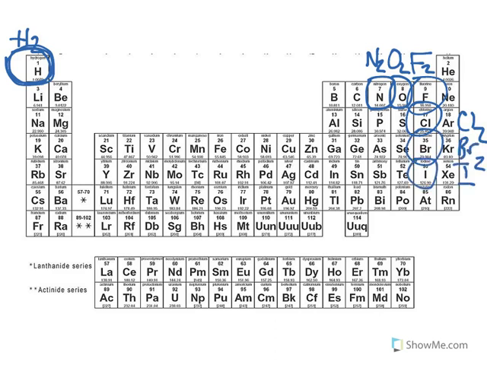And iodine is I2. Now check it out. Do you see the number 7 right there in the corner of your periodic table? There are 1, 2, 3, 4, 5, 6, 7 elements that are diatomic. I call them the 7 that make a 7 because they actually make a 7 on your periodic table.